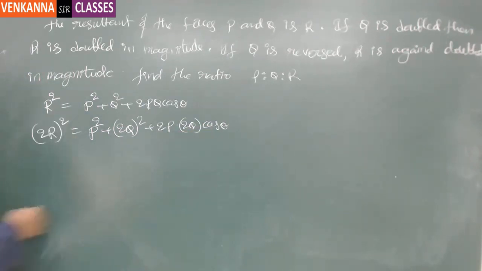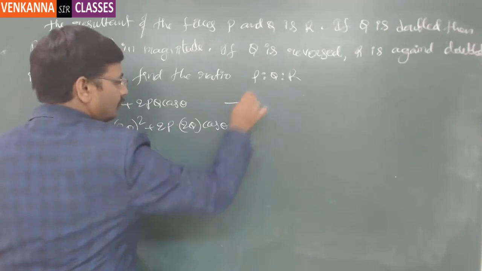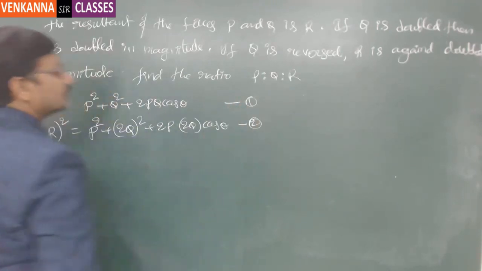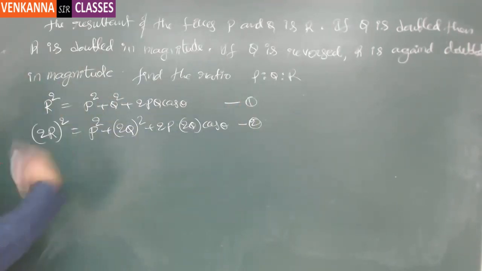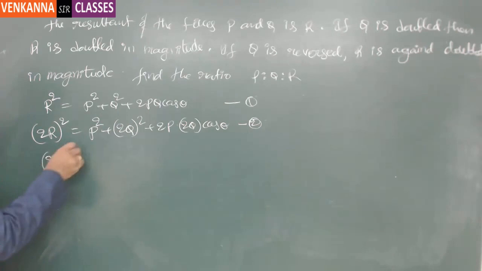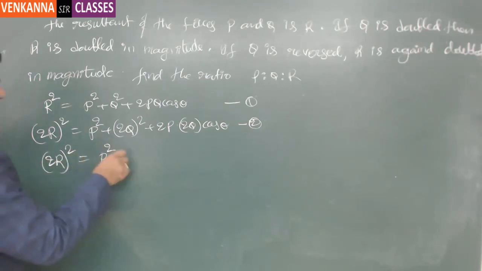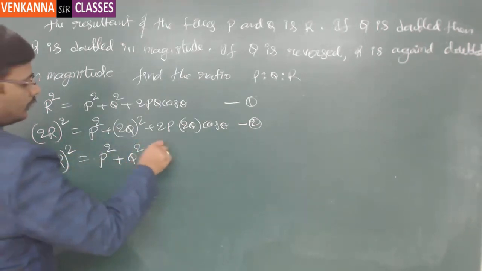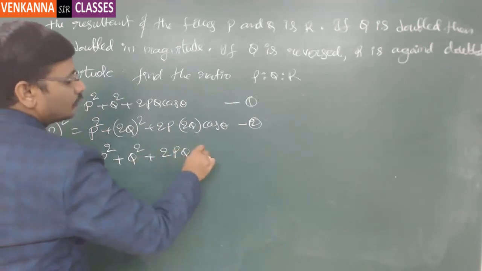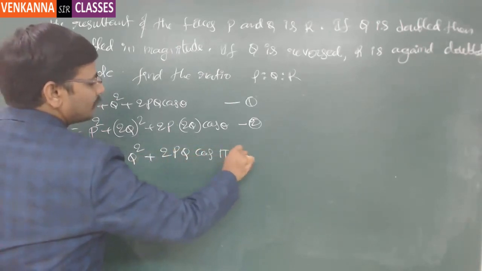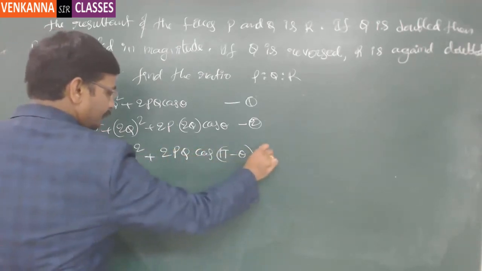This is equation number 1, this is equation number 2, and the third equation is Q is reversed, but magnitude is same. That means again this R is doubled, with P square plus Q square plus 2 into P into Q into cos (pi minus theta), because it is reversed.